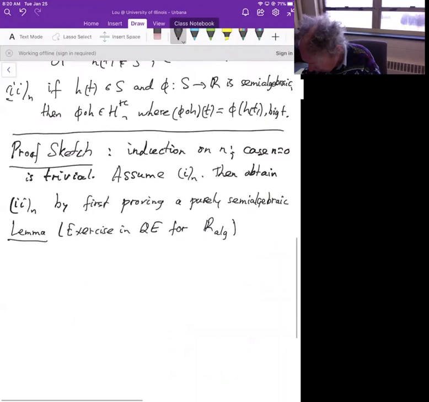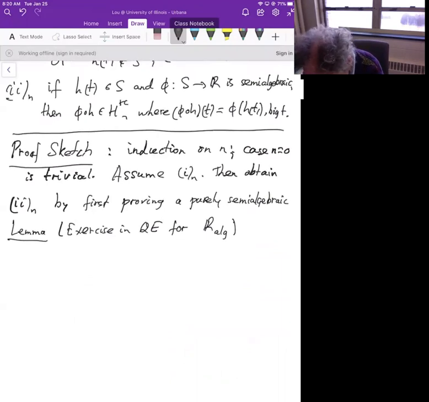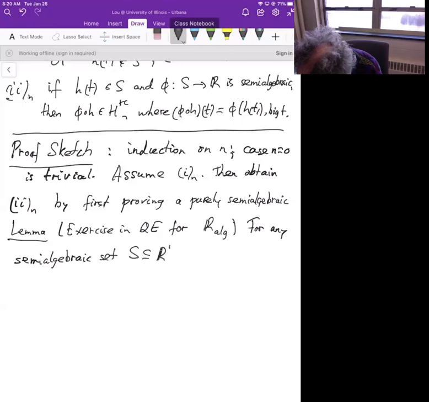Okay, what is the lemma? For any semi-algebraic set S in R^n, and semi-algebraic function.